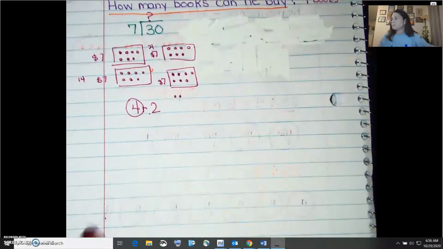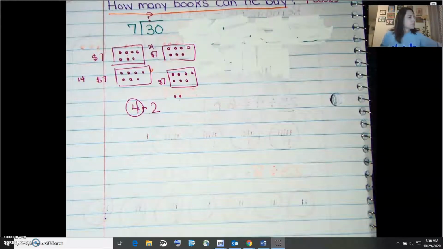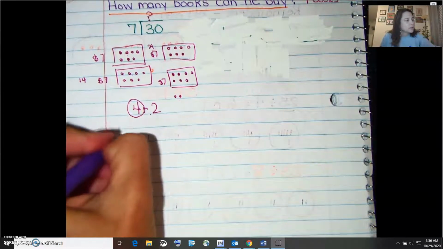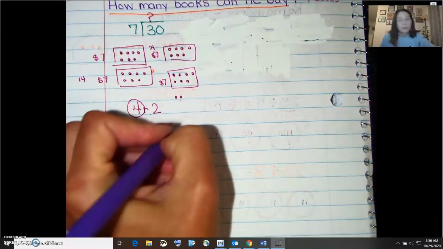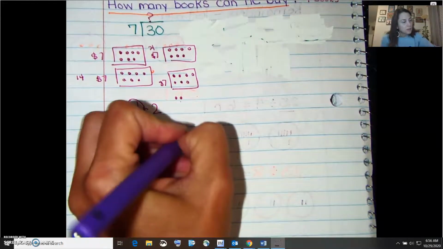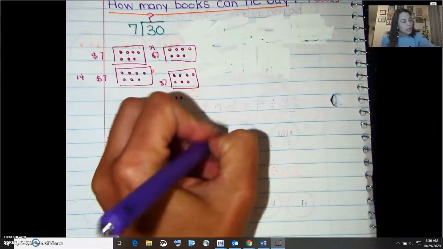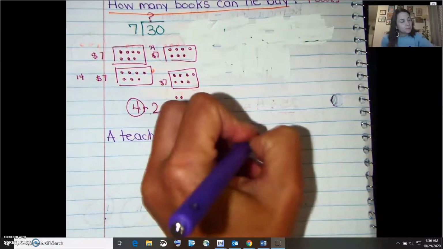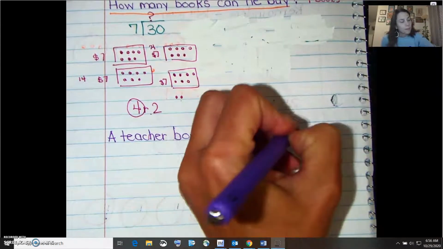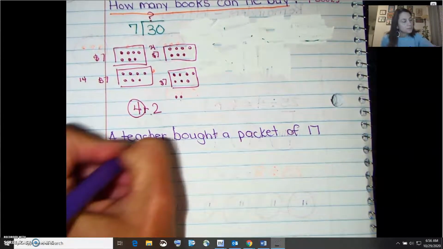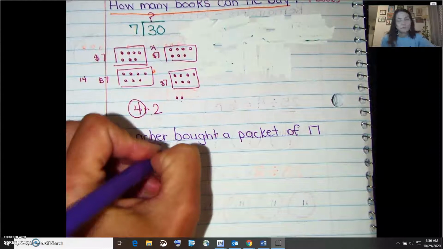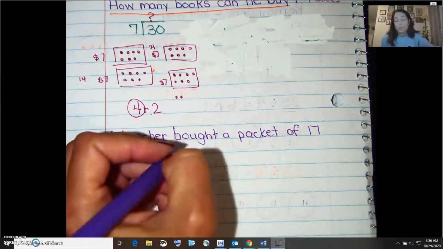Let's try one more. A teacher bought a packet of 17 batteries.